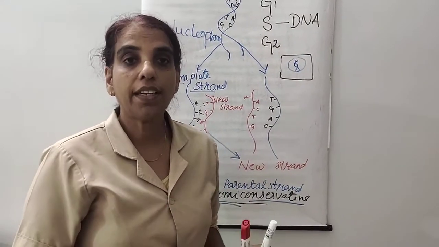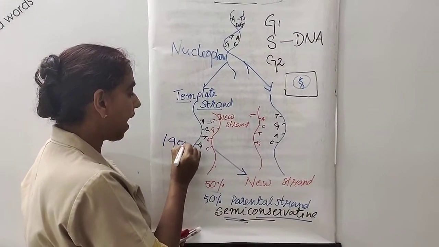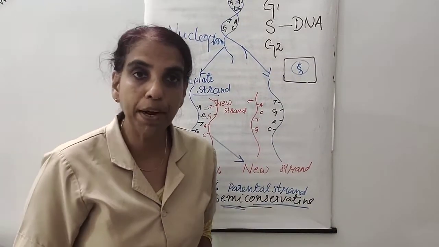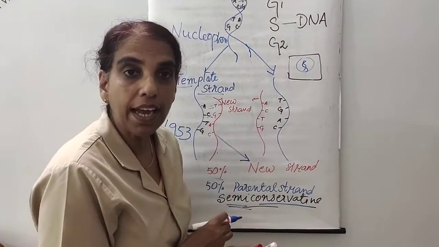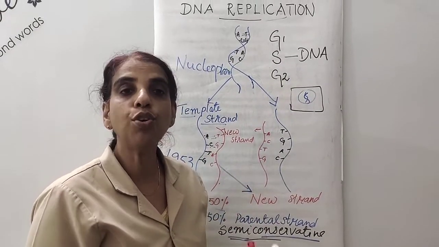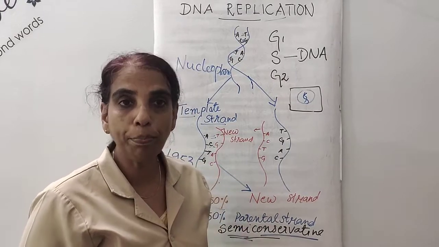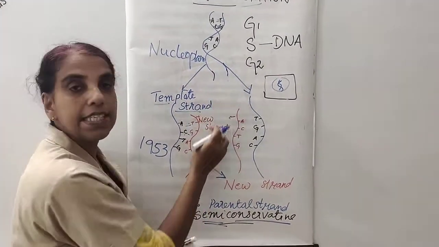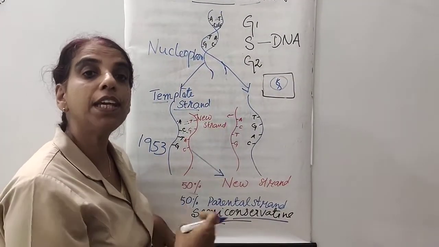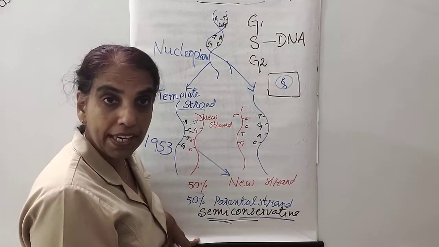In 1953, they proposed the double helical structure of DNA. They had also given an additional opinion that there is a chance of giving multiples, a chance of giving replicas.